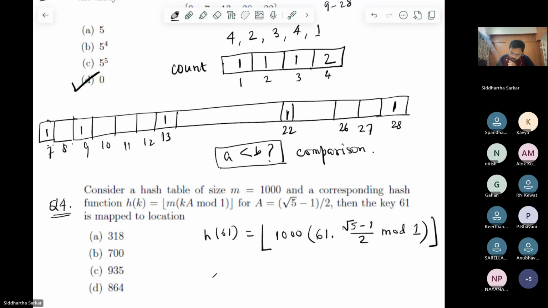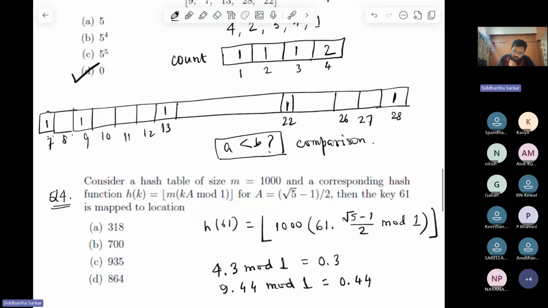Suppose you have 4.3 mod 1, you take the fractional part, that is 0.3. If you have 9.44 mod 1, the fractional part is 0.44. Now you can do this calculation for yourself.